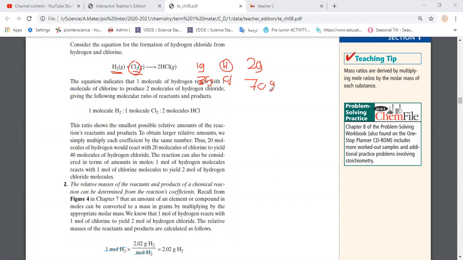So like this I can predict that 2 grams of hydrogen are needed to react with 70 grams of chlorine to produce 72 grams of hydrogen chloride. Okay, is it clear, guys?